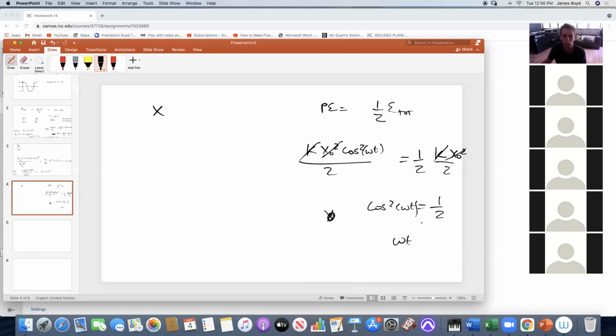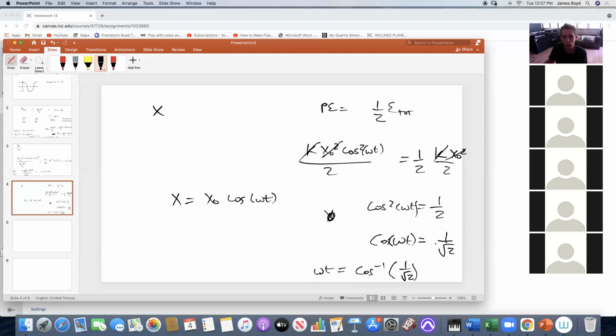So if I take the square root, cos omega t is 1 over root 2. You can get omega t, and then x is equal to x naught cos omega t.